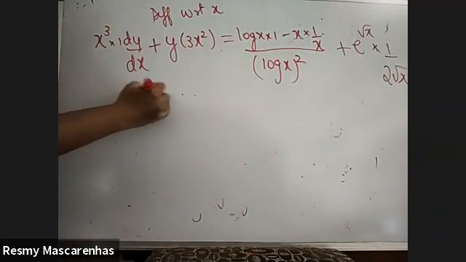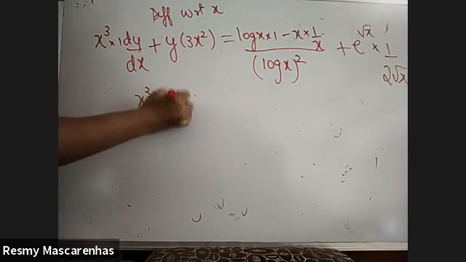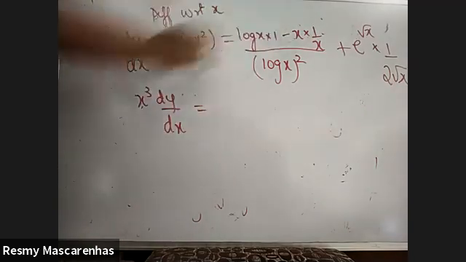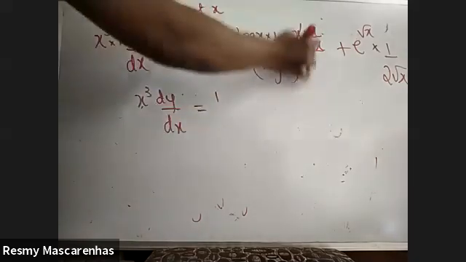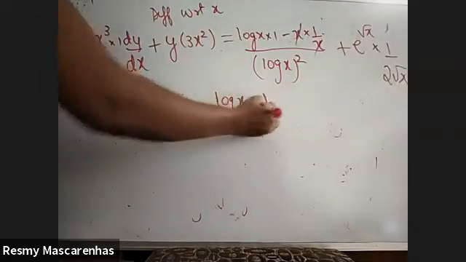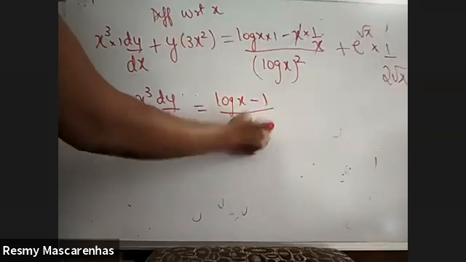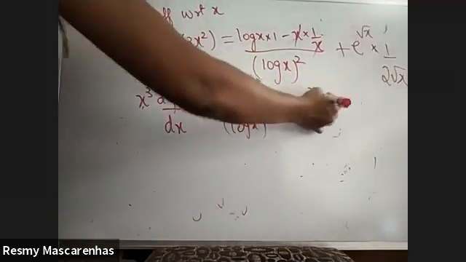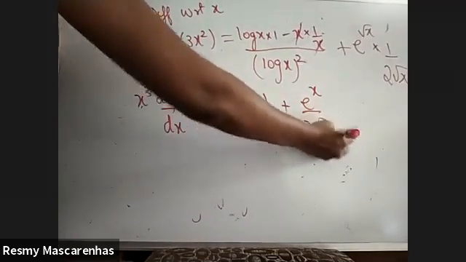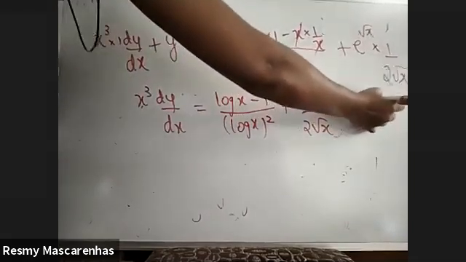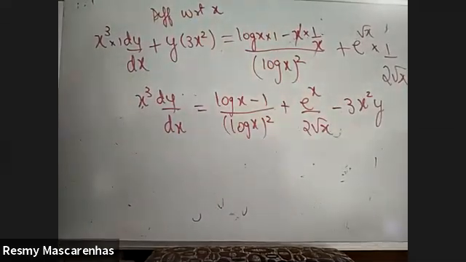So what will remain here? x cube dy by dx. This part I have to take on the other side. x and x will cancel. So log x minus 1 upon log x the whole square plus e raised to x upon 2 root x. This term, so 3x square y.